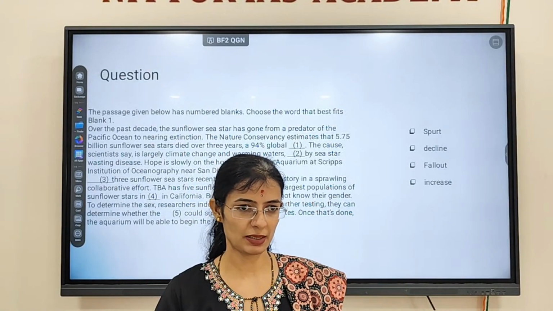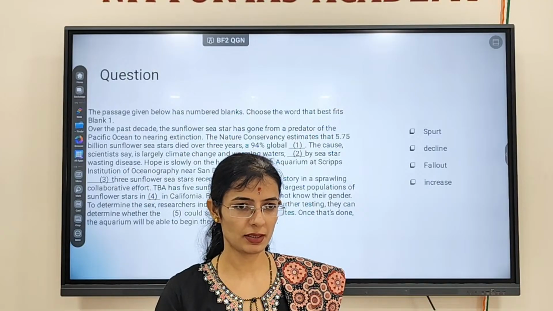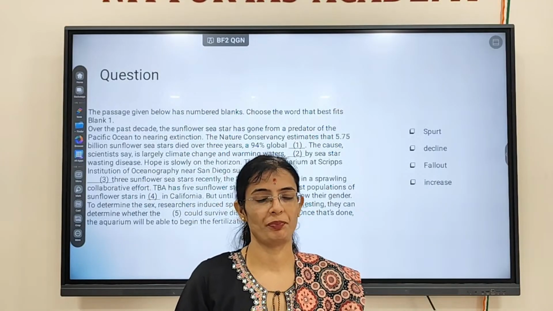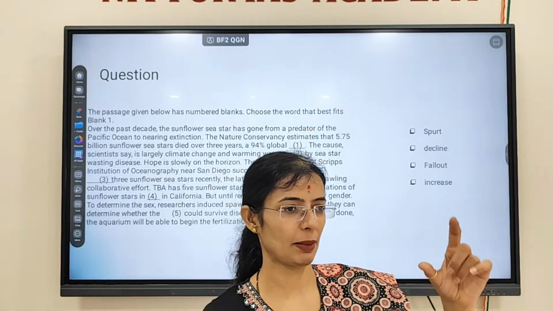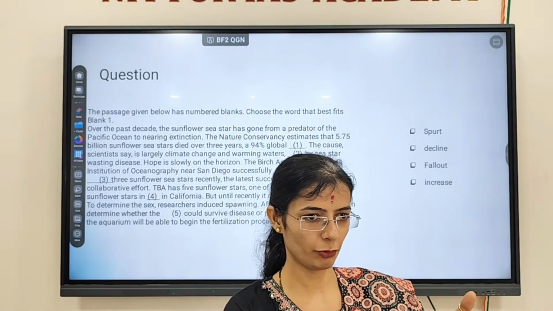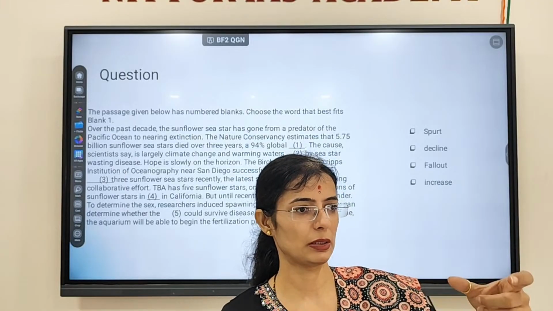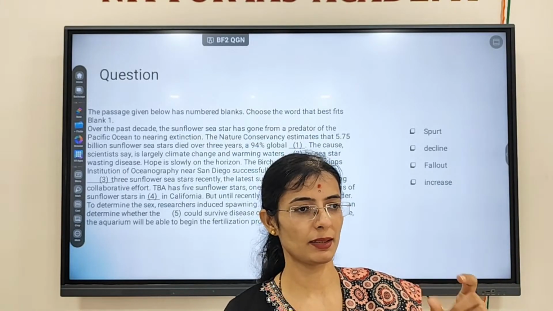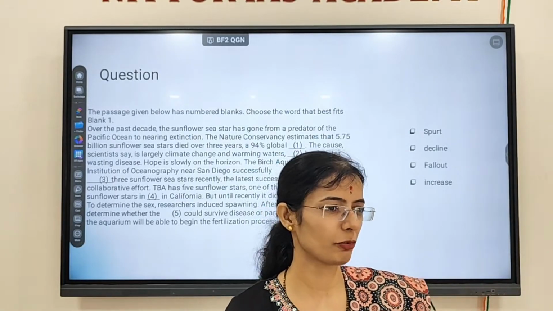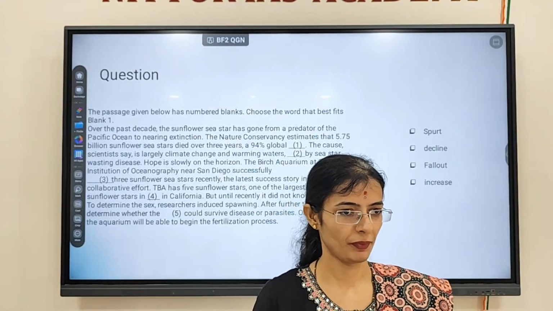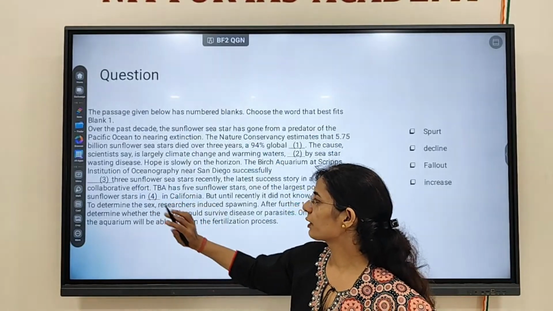We had that example in the last class. There was an opening sentence, four different sentences, and one closing sentence. So we had to fit the center with the appropriate sentence to make a meaningful short paragraph. Okay, so here we are only going to fill the blank.